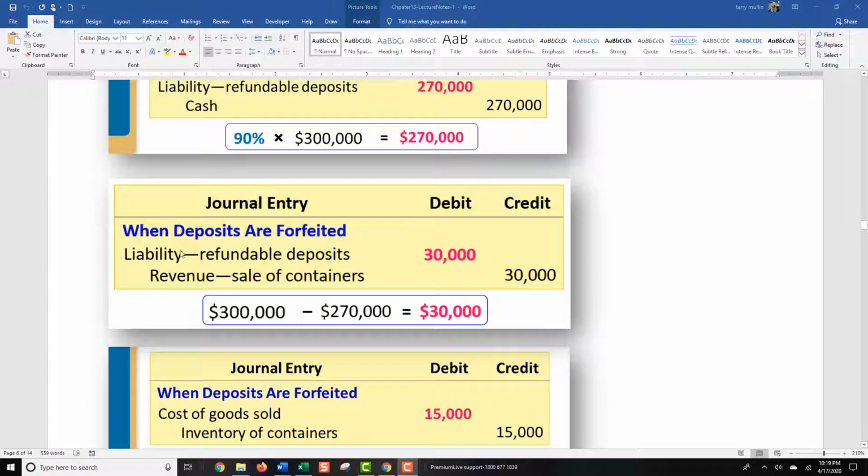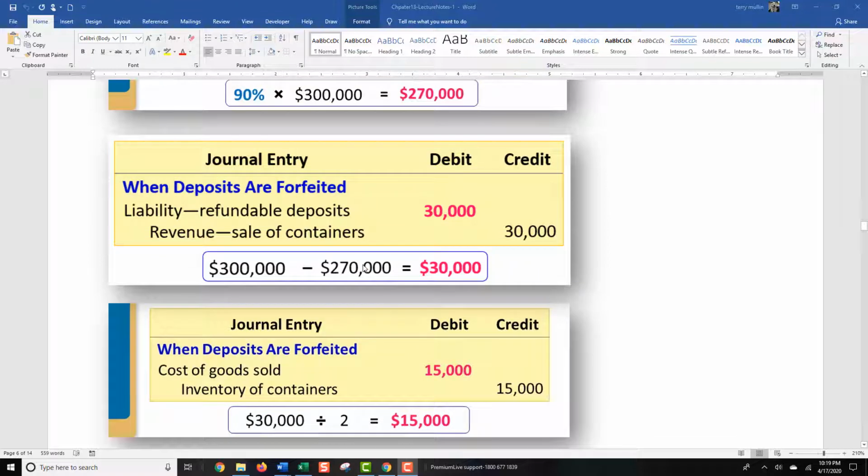Now the problem with that is after a year's time, the people that don't return the drums, think of this like kegs of beer, can't return the drums after a year, then what you have to do is record that as revenue. So that $30,000 extra cash, you have to record as revenue and then take the liability off the books.